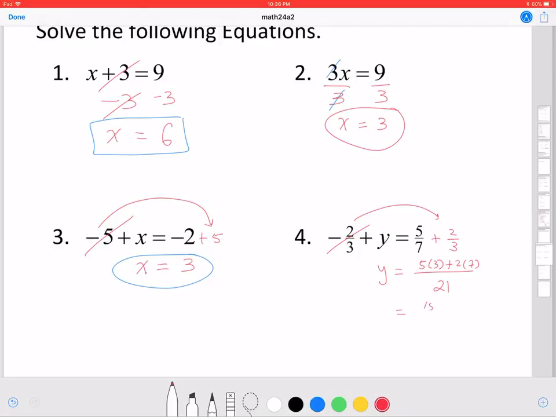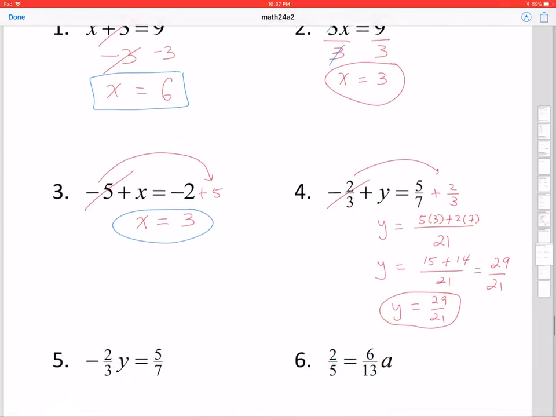That'll give me 15 plus 14 over 21. So y is equal to 29 over 21. And I'm going to write the answer a little more explicitly, like 29 over 21.